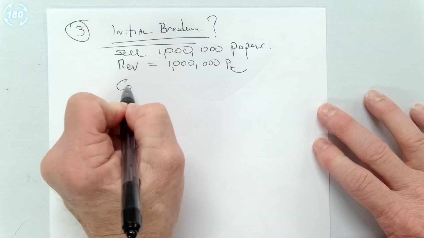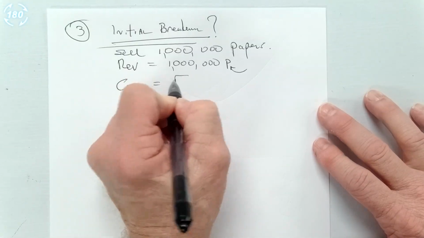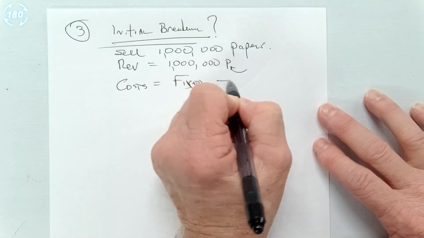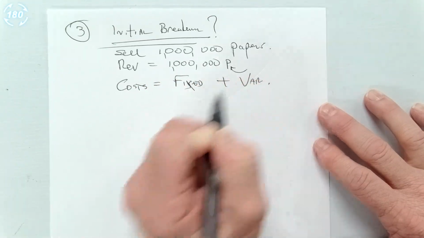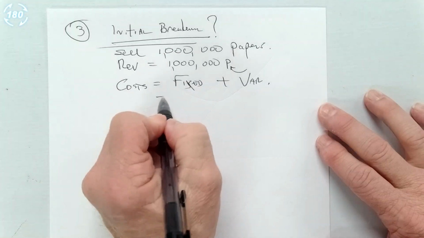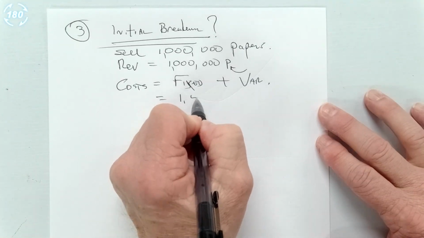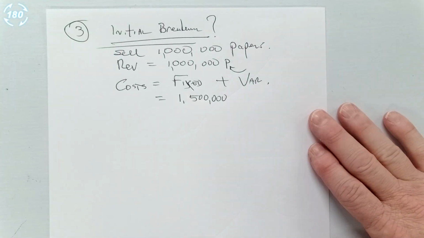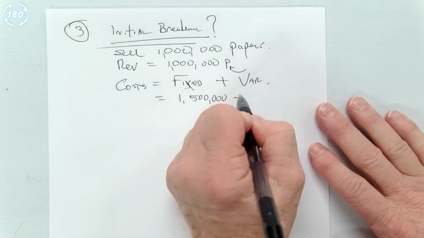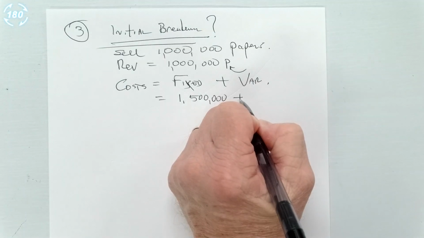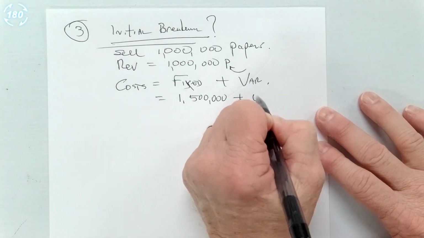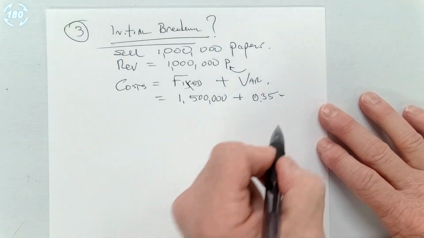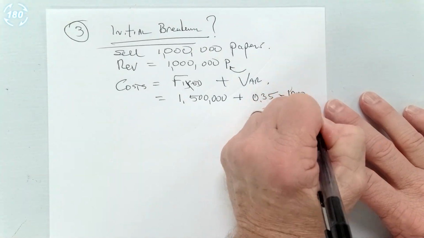And so what are your costs? Well, you've got fixed cost plus variable cost. Your fixed cost, as I recall, was 1,500,000, because you have the salaries and the rental or something like that. What's your variable cost? Well, it's that marginal cost we computed a moment ago: 0.35 times the number of papers, which is 1 million. Does that make sense?